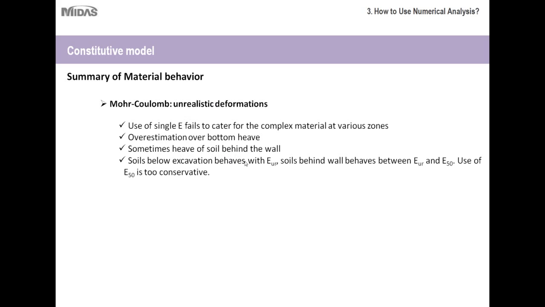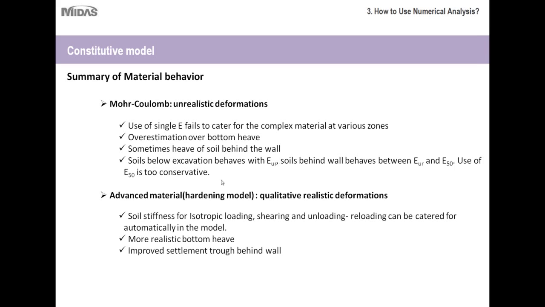Soils below the excavation behave with E sub R. Soils behind the wall behave with E sub 50. Use of E sub 50 is too conservative. So this is once again reiterating that the use of a single value for Young's modulus leads to very conservative results.